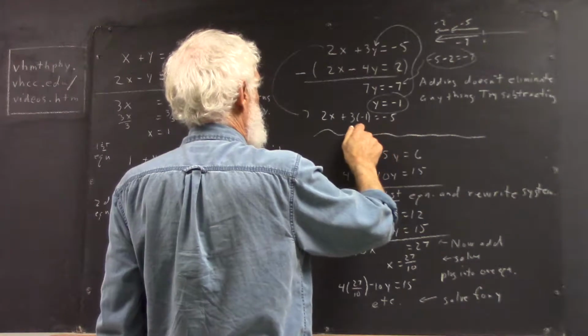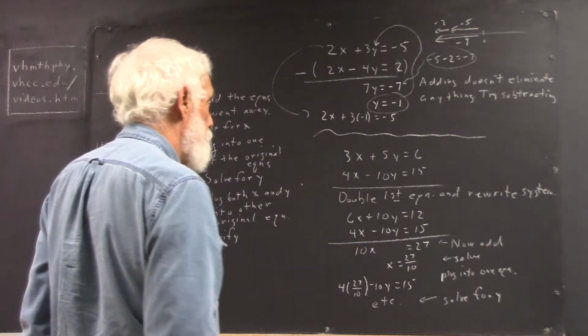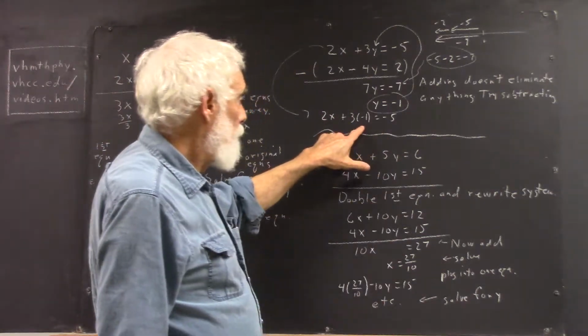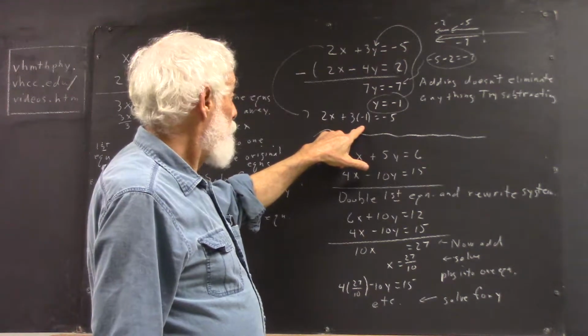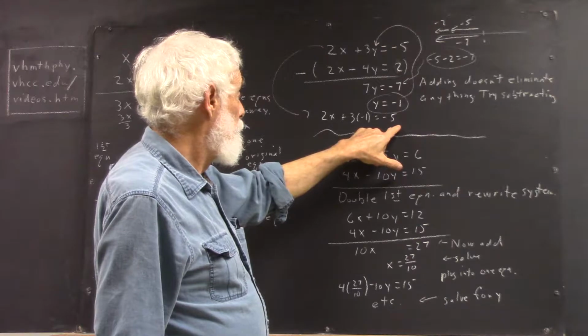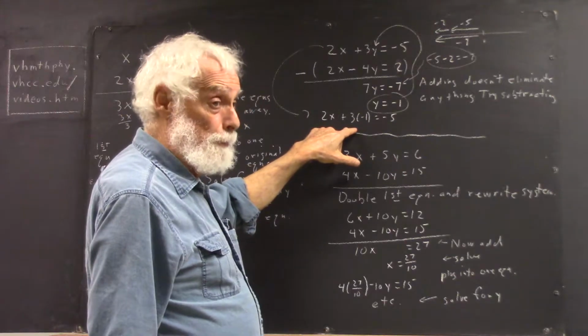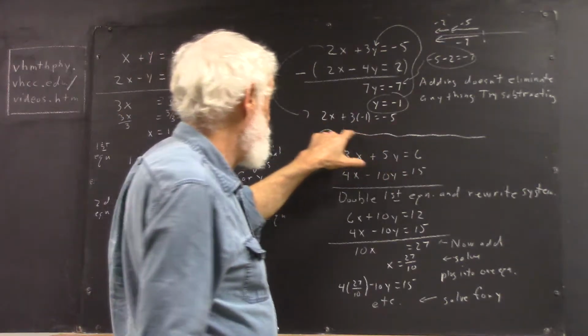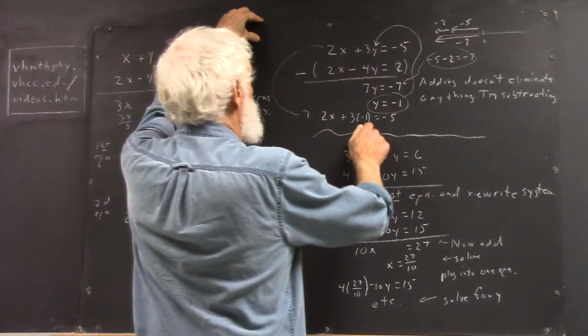So that becomes, well, I'm not going to go through the details of solving it. 3 times -1 is -3. If I add 3 to both sides, I'm going to get -2. So I get 2x equals -2.